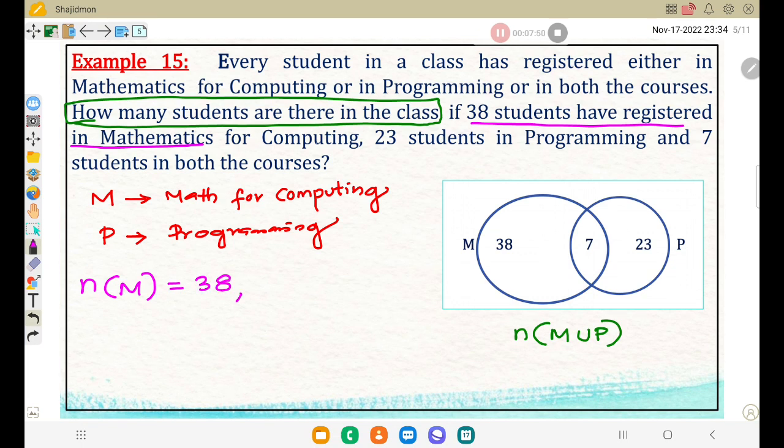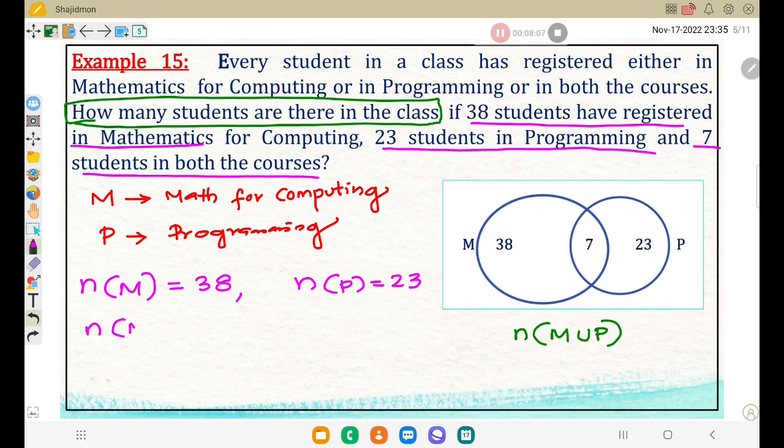And 23 students in programming, that means n of P equals 23. Seven students are in both courses. Both means intersection, so number of M intersection P equals 7.